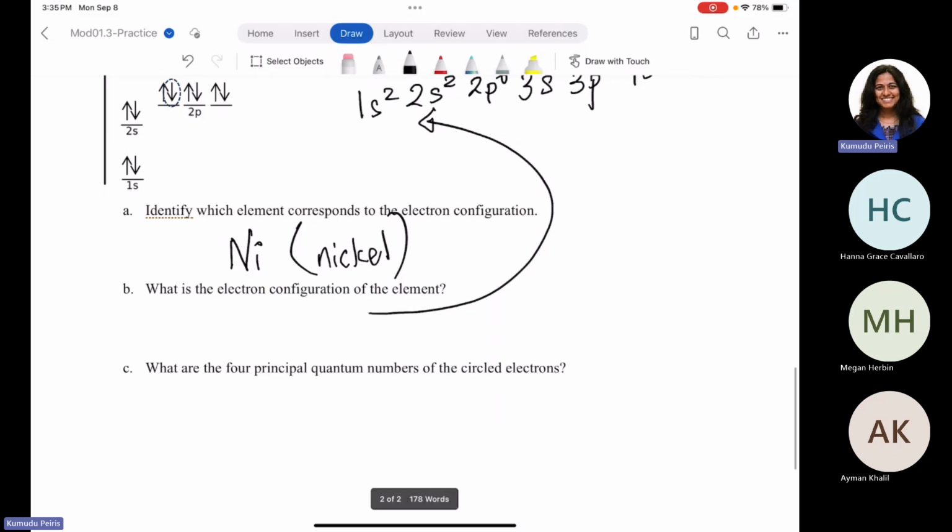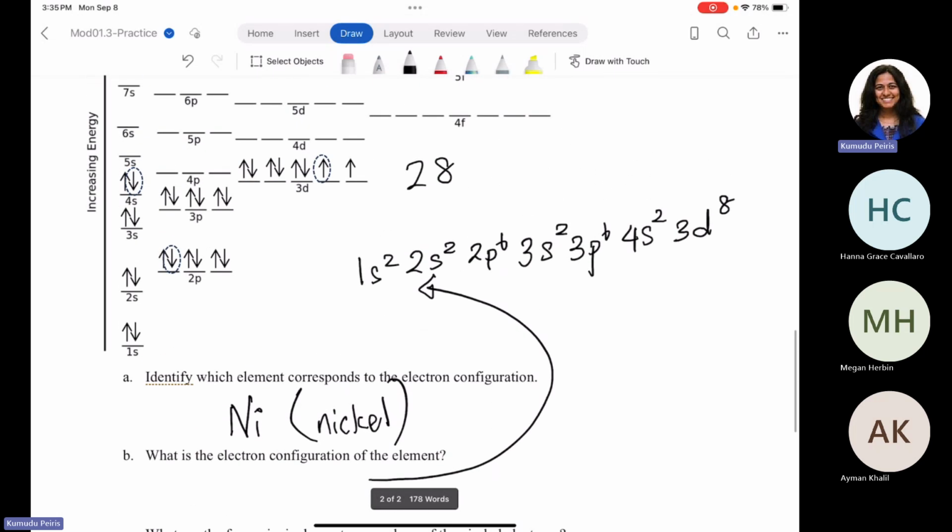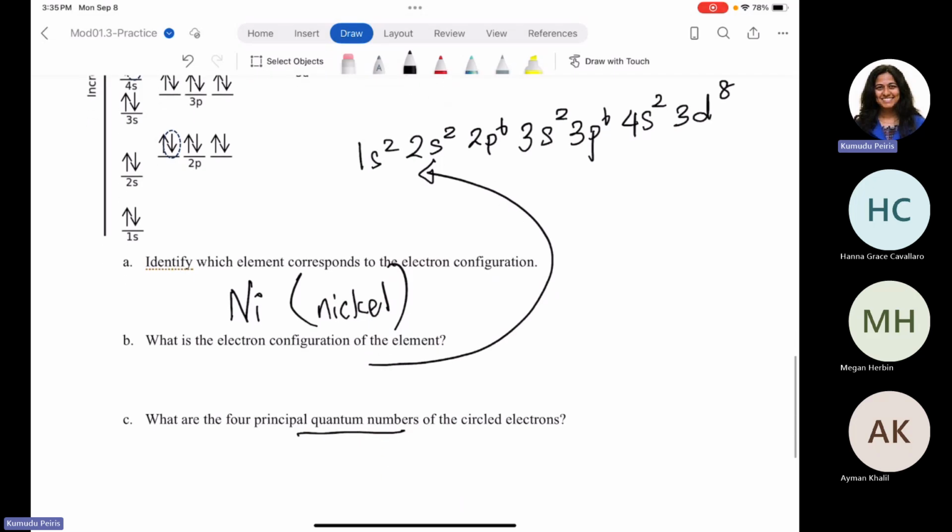What are the principal quantum numbers for the circled electrons? Let me just describe something. Quantum numbers are used to give the exact location of the electron. You have already talked about the uncertainty principle.